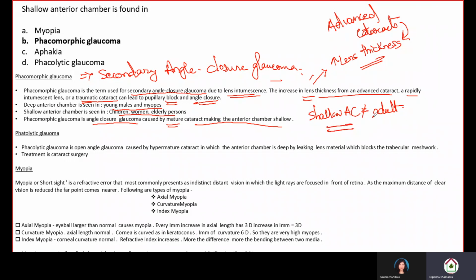In children, the structures are still forming, that's why it's narrowed, while in elderly people, the lens material already gets lost.